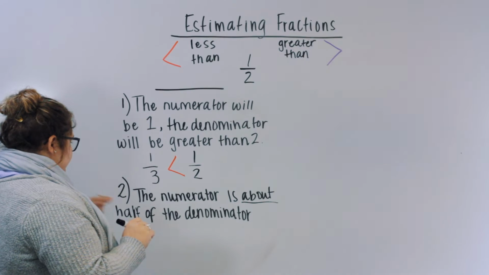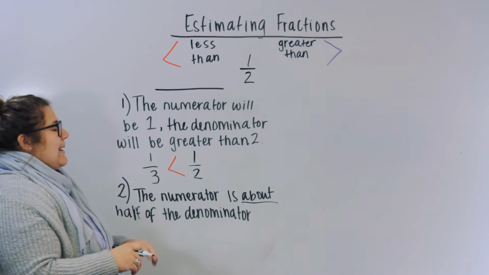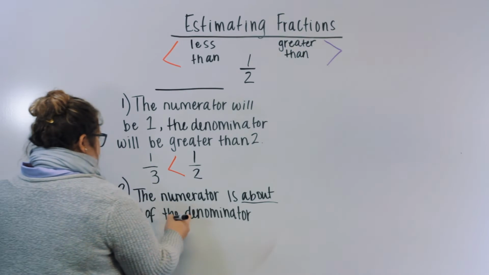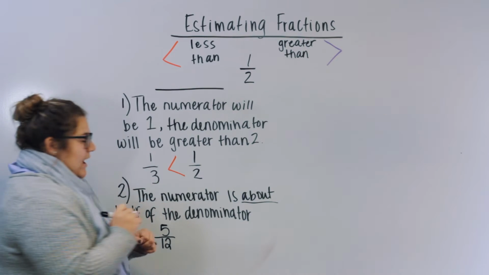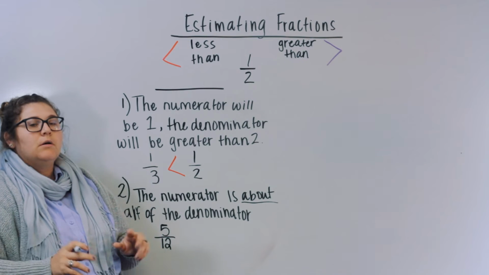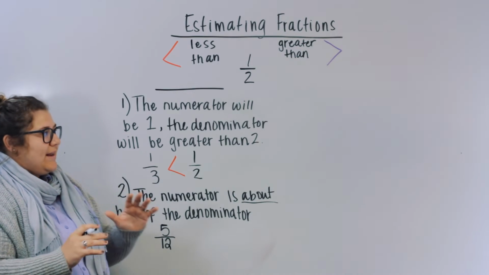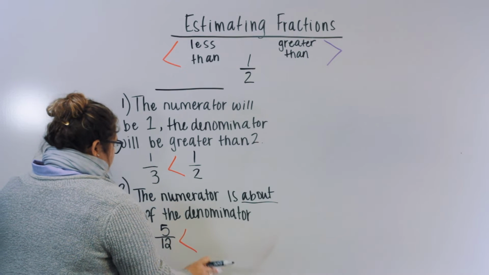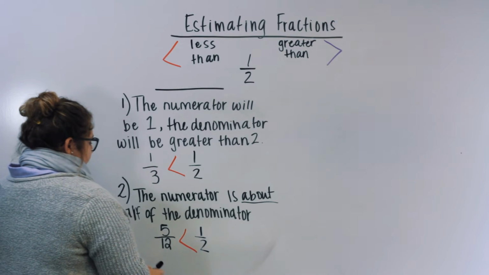All right, so second way we can figure it out is if the numerator is about half of the denominator. Say we have 5/12. 5 is about half of 12. It's not exactly half, but it's right there, okay? So we know that that is going to be less than half.